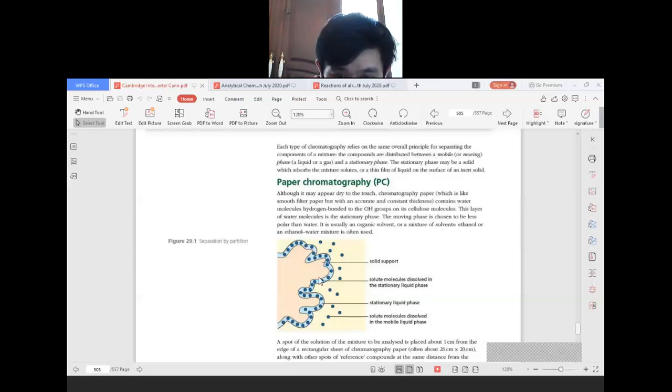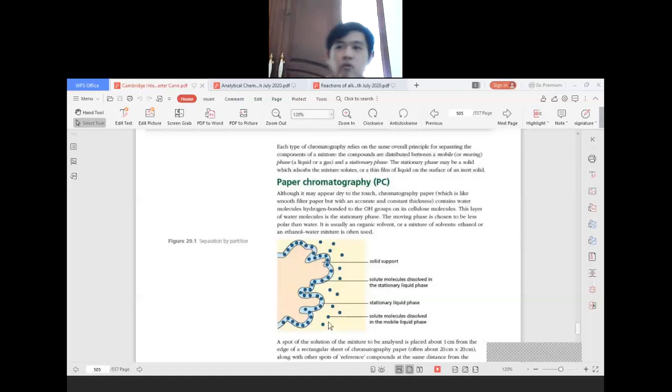This is the circle, the blue circle, and the empty part is called the solid support, and then there is a stationary liquid phase, and there is a solute molecule dissolved in the mobile liquid phase.